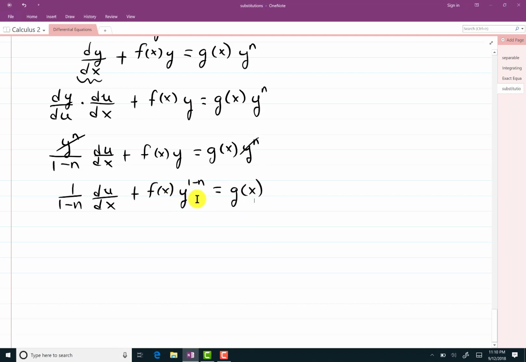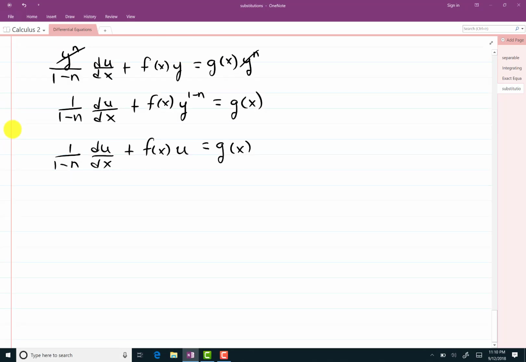Now, I'm going to replace the y to the 1 minus n with u. And I can multiply everything by 1 minus n to give me this form of the equation.